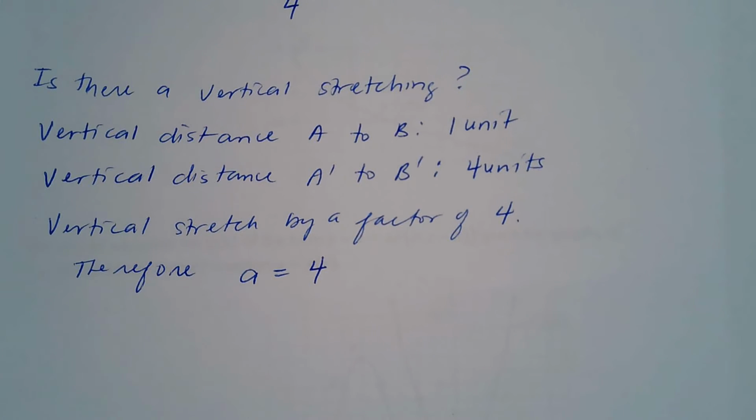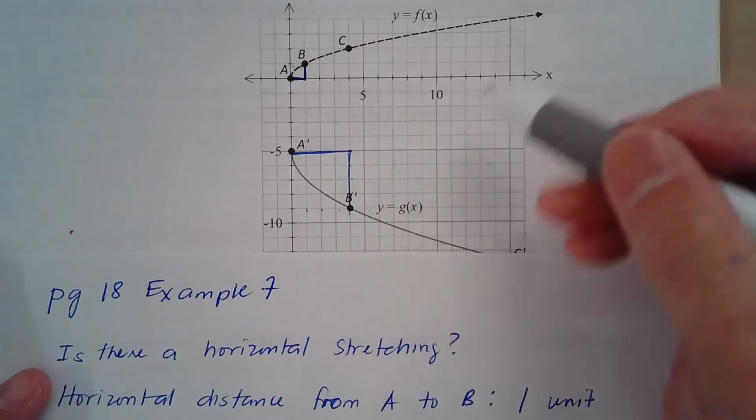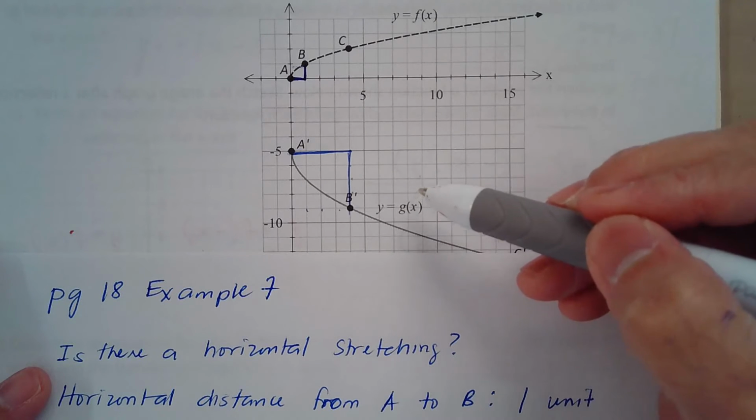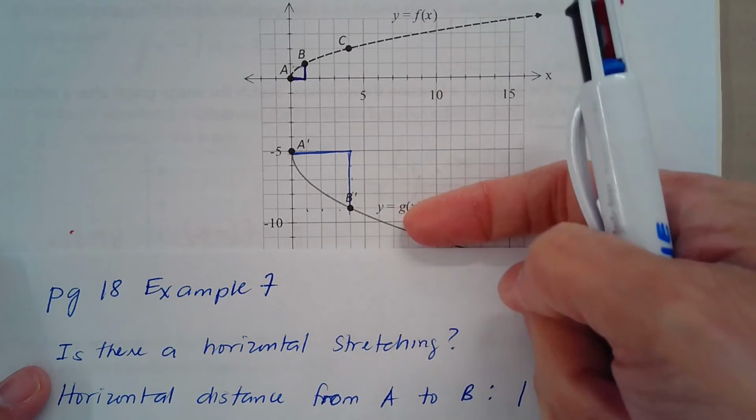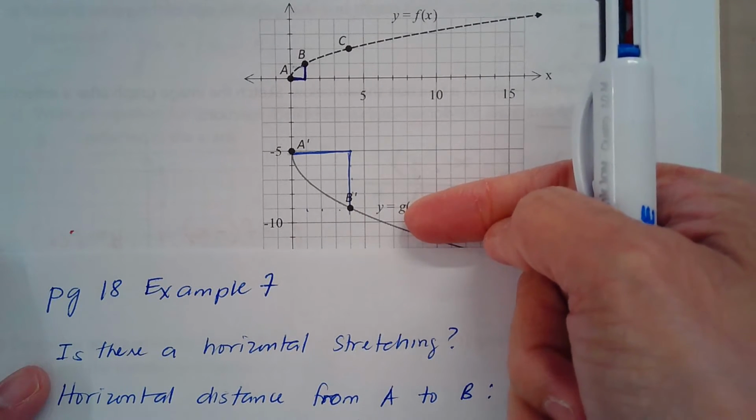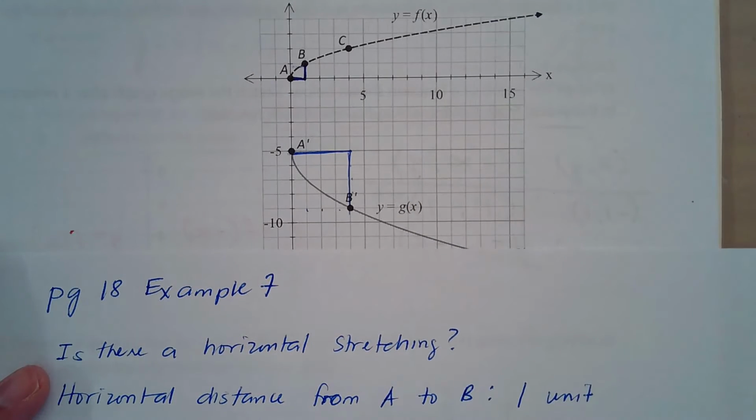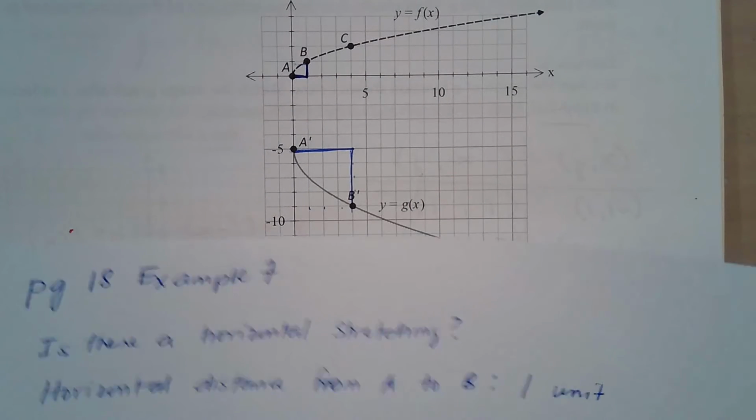Okay, so there's a stretching. Now, another thing is that because this is flipped down here, so there's a reflection in the x-axis, that tells us that A is also negative.